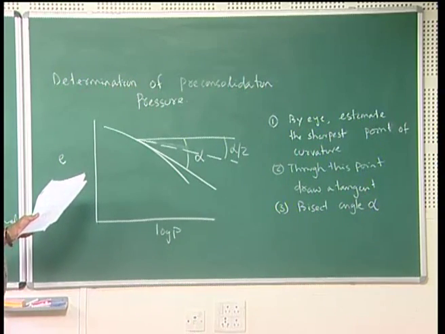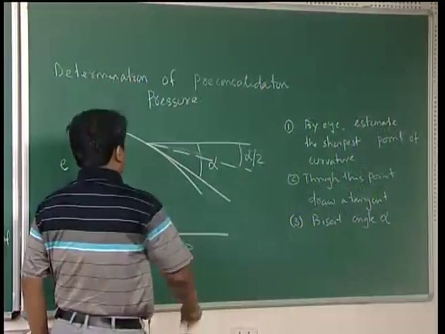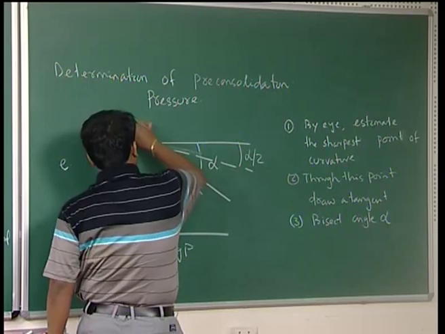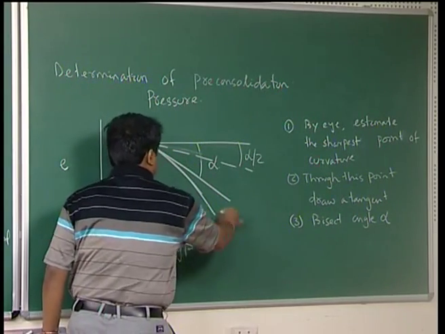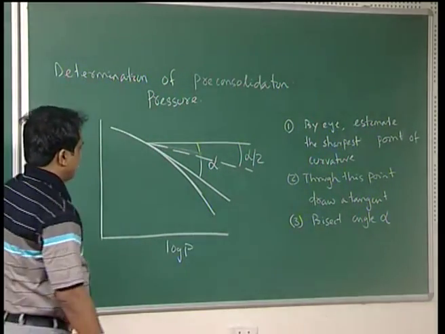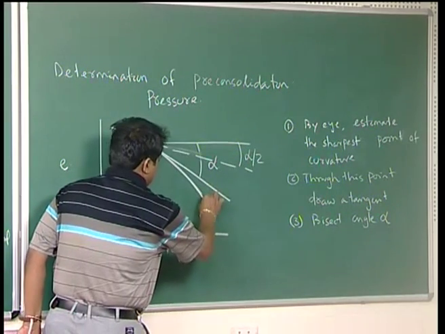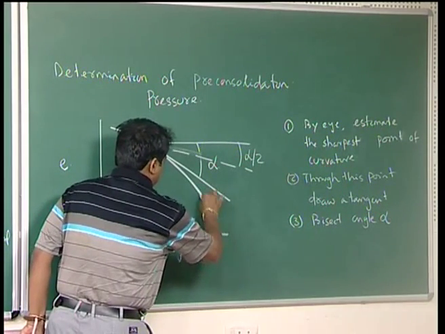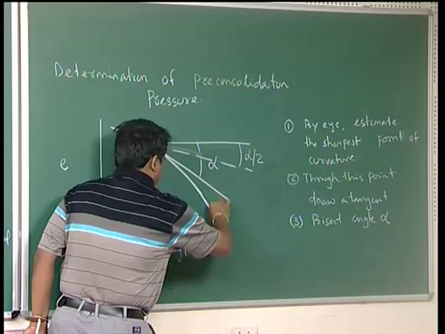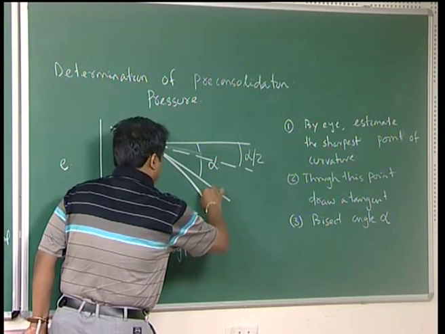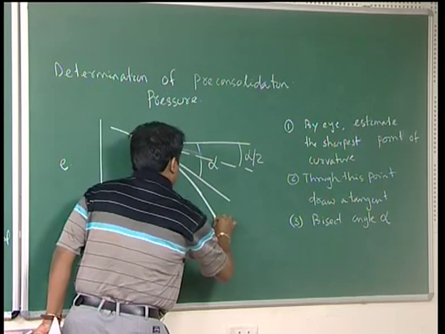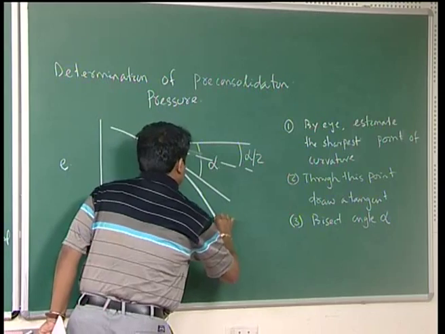Now, from this curve e versus log P, identify the bottom part of the curve where you can draw a tangent such that it becomes a straight line, or there is no more variation or change in curvature.